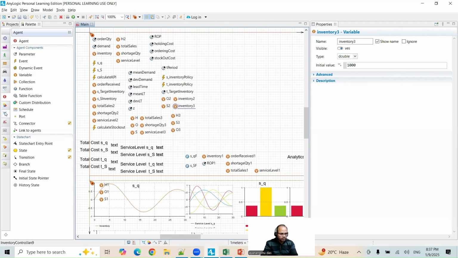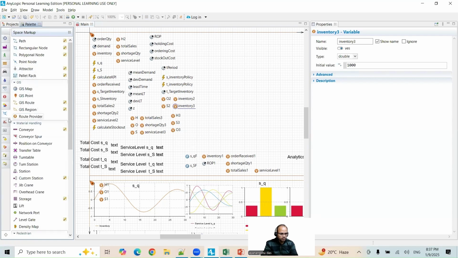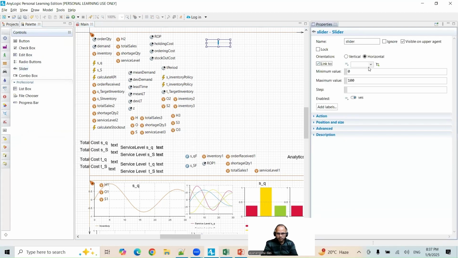Now we'll have a slider, and we'll link each of them to the parameters that we want to change.